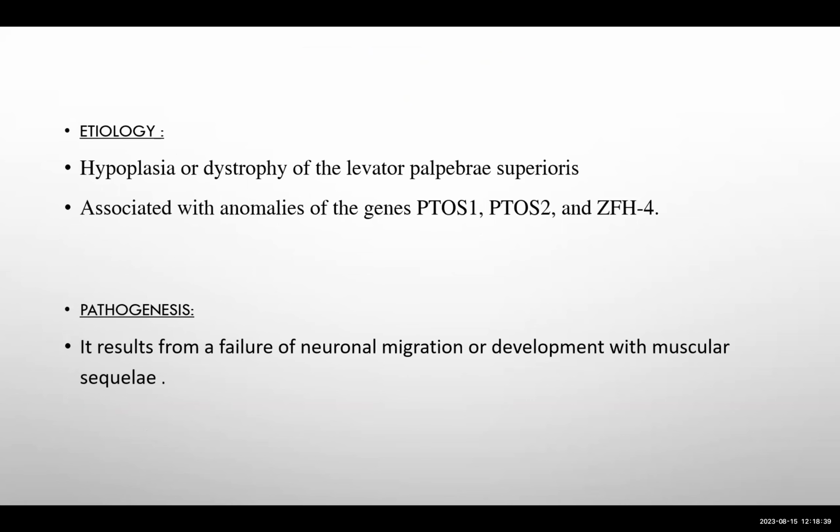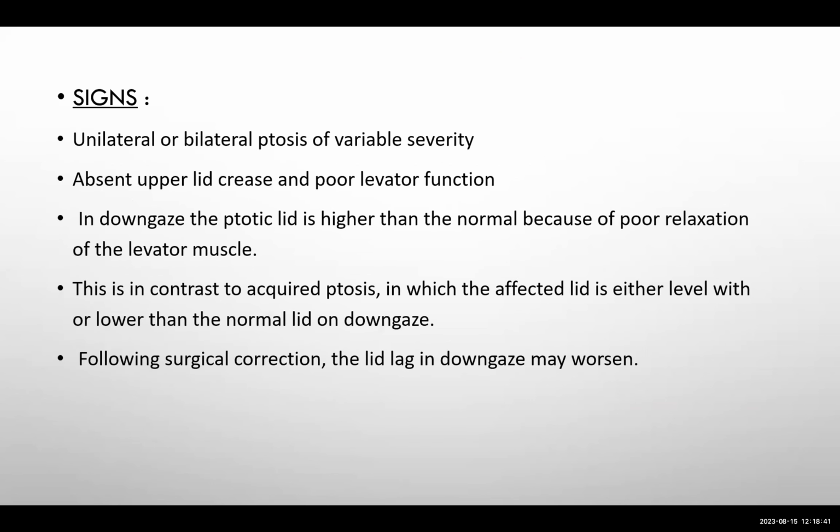The signs are unilateral or bilateral ptosis of variable severity, absent upper lid crease, and poor levator function. In down gaze, the ptotic lid is higher than the normal because of poor relaxation of the levator muscle. This is in contrast to acquired ptosis, in which the affected lid is either at the same level or lower than the normal lid on down gaze.